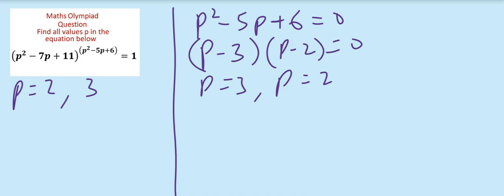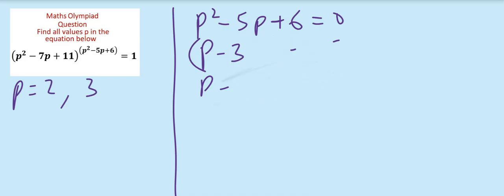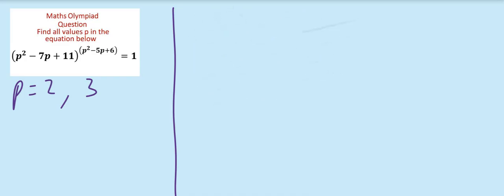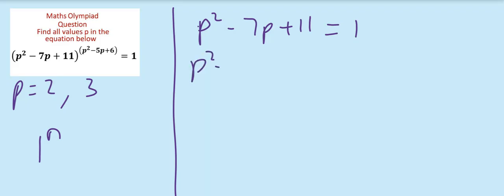So let me look at the denominators, the base, another fact which I said: I can have 1 to the power of n irrespective of any value of n. So the base is 1. Let me pick the base, p squared minus 7p plus 11 equals 1. So p squared minus 7p plus 11 minus 1 equals 0.